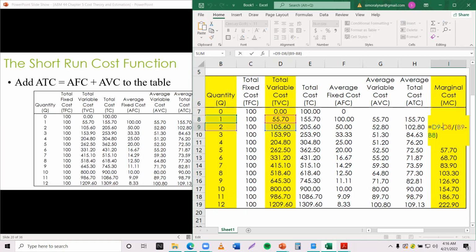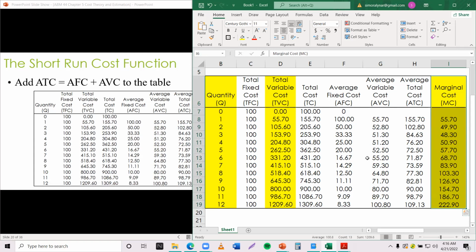Next is this one. So for quantity of 2, we have 105.60 less 55.70 divide 2 over 1. So you'll get this number and so on and so forth. So good as present minus past ang iyahang value. So that's how you'll get your marginal cost.